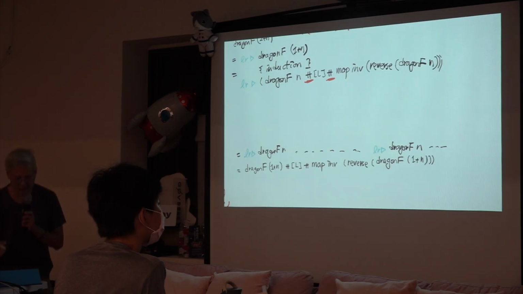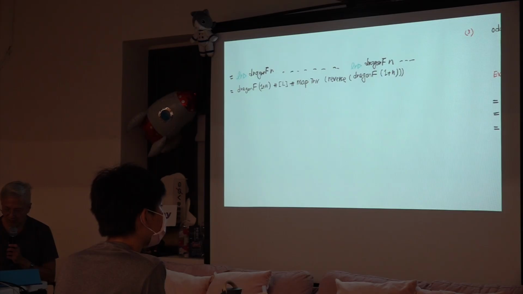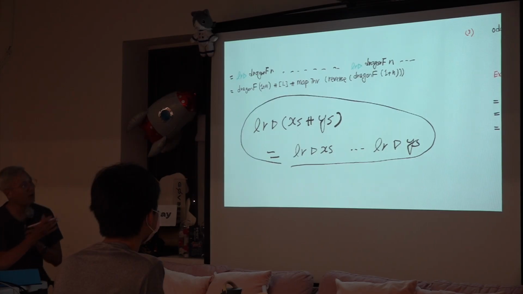When I have an LR interleave of two lists appended together, what happens? Is there a way to allow me to move LR interleave closer to x's and y's? I need some properties like this.